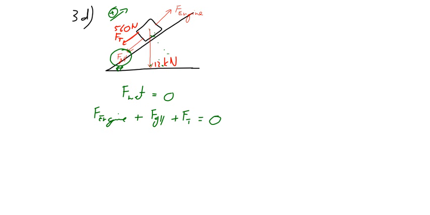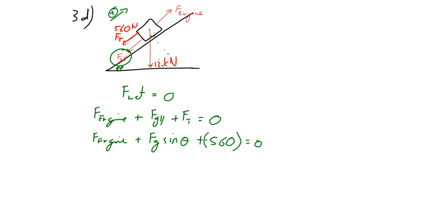Parallel, sliding down, so we can use sine. So let's quickly add in the values that we have. Engine, this is F_G sine theta, plus this is the 560, well, it's negative there, equals 0.